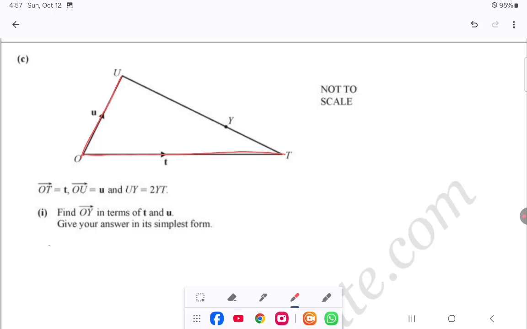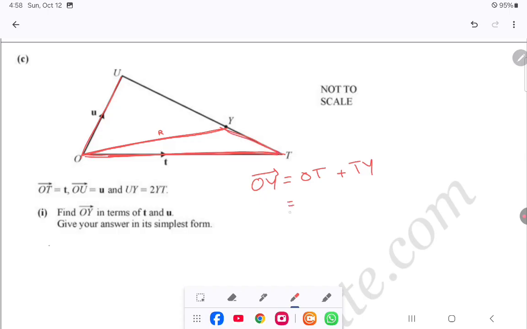Now for that, OY, this distance we have to calculate, will be the sum of OT plus TY. This is our OT and this is our TY. So it is the resultant, the sum of this and this will become OY.